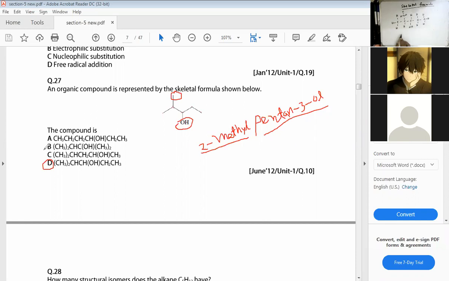So the answer should be D, because for this carbon, these two were 1, 2. So we can write CH3 in bracket 2 with this carbon, that is this CH3.